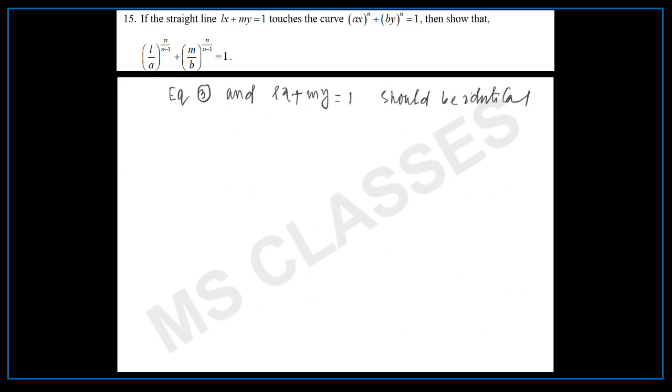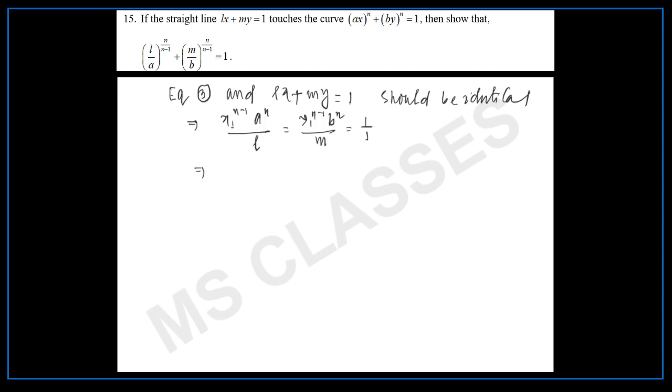Now this implies x1 to the power of n minus 1 a to the power of n by L equal to y1 to the power of n minus 1 b to the power of n by m equal to 1 by 1.